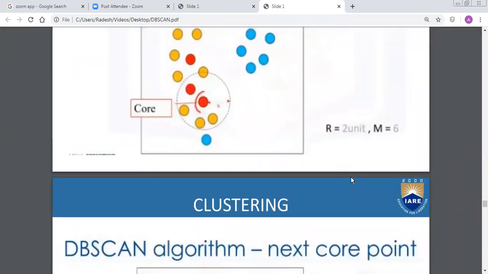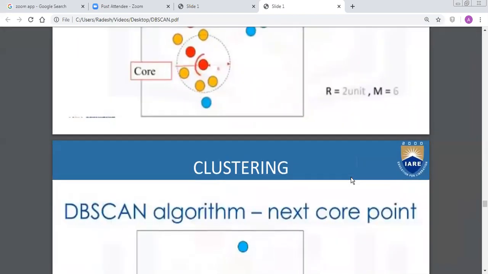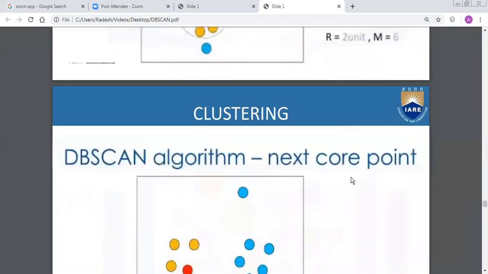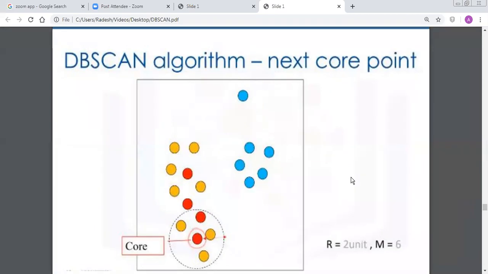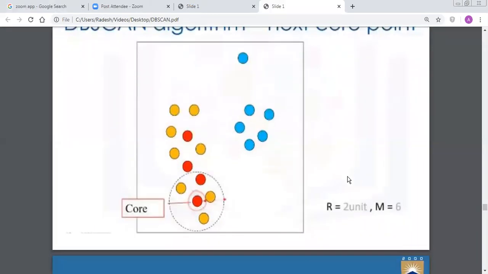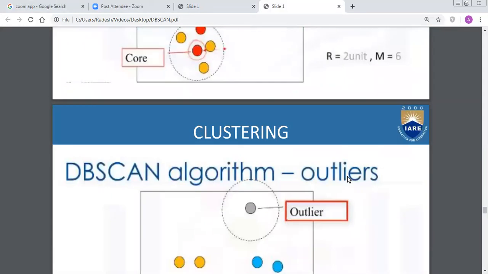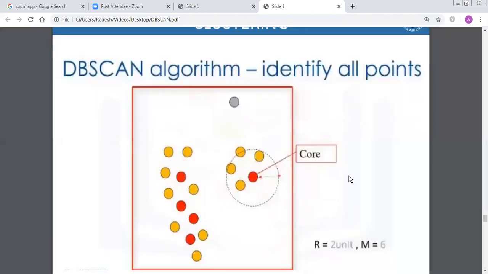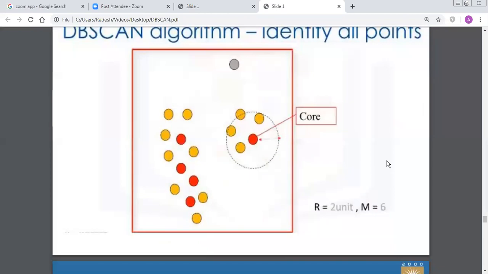There are only 5. Radius is 2 and the min points are only 5. In this slide, there are only 5 min points.